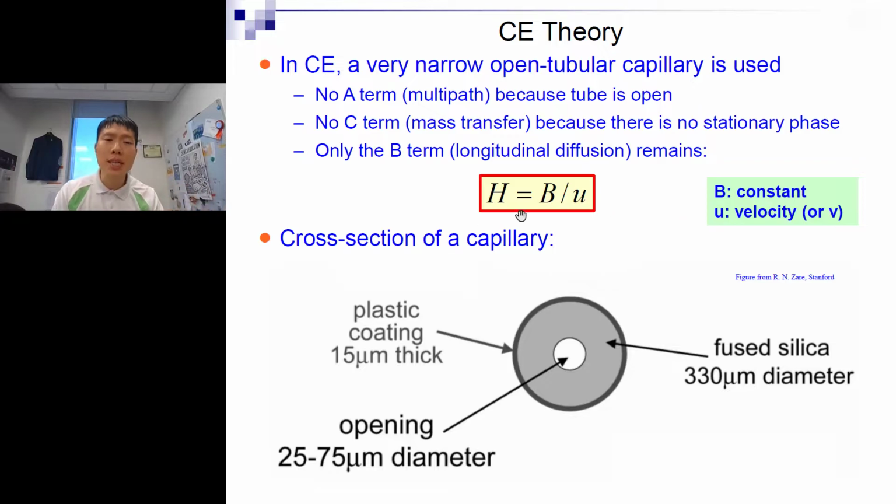We use this interchangeably. So in the cross section of the capillary, we can see there's no stationary phase in the middle here. This is really a very thickly coated fused silica. In this case, we're using 330 micrometer, and this is a very narrow bore. You might ask, how come we need to have a very thick silica?